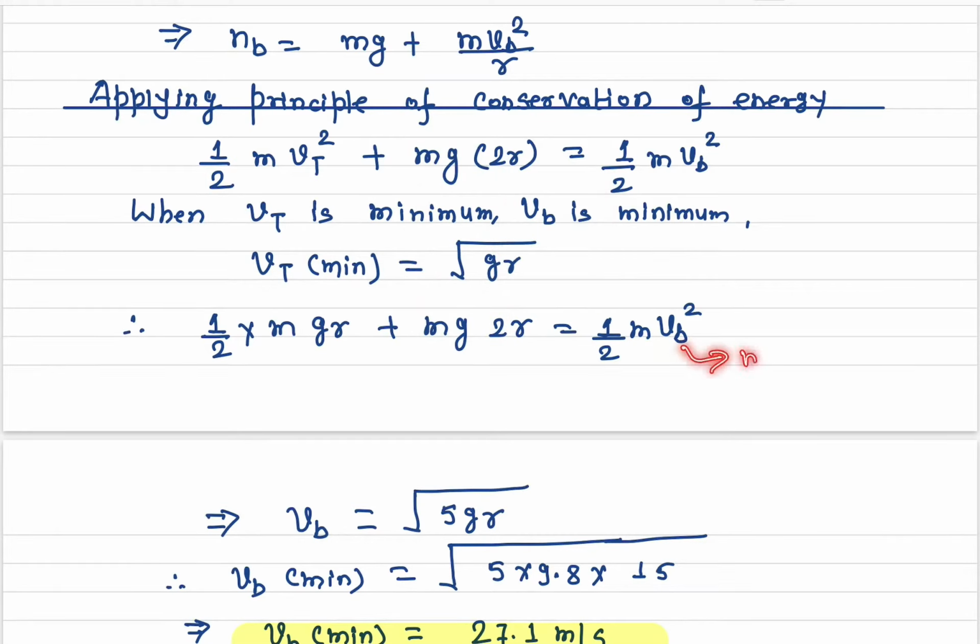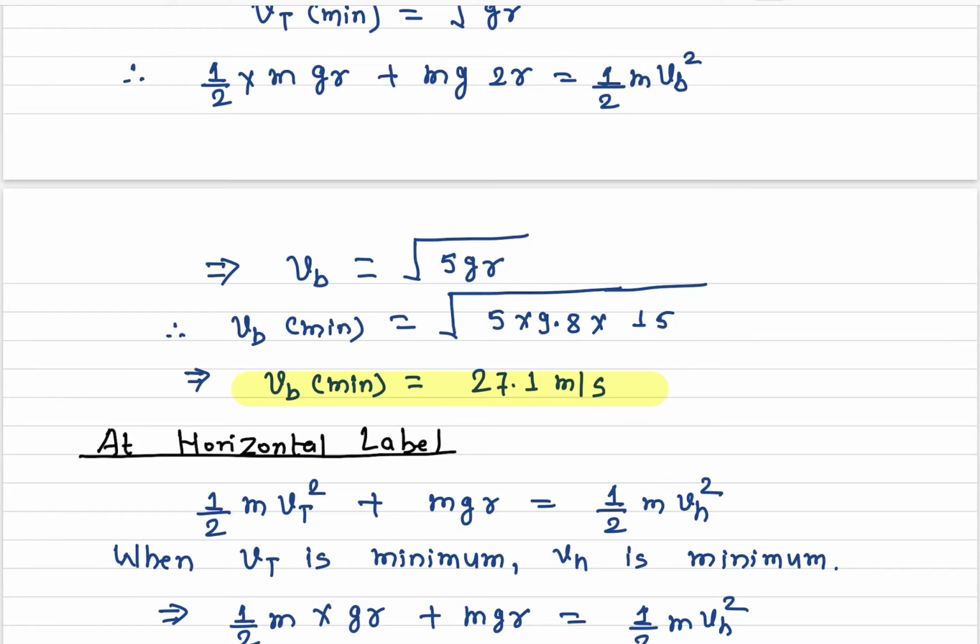Now this is the minimum speed required, because we have plugged in the Vt minimum. The mass cancels out, so it doesn't depend upon the mass. If we solve it, what you get is the square root of 5gr. That's the minimum speed required to make a vertical loop.